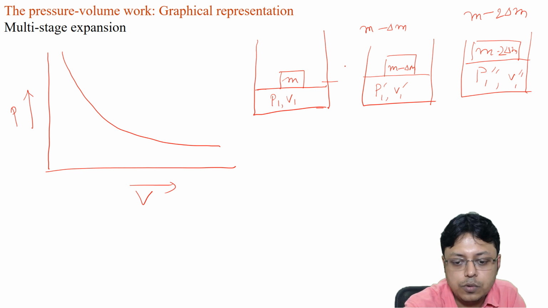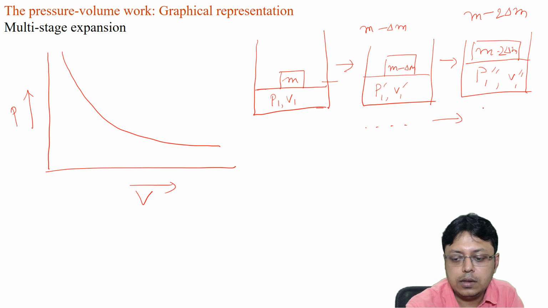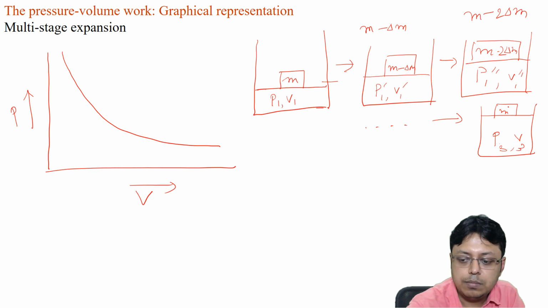In this way, if we proceed, this is known as multi-stage expansion, to the same final state which we just discussed, which is P3 and V3, with a mass which nicely balances that, by n number of reductions in the mass.